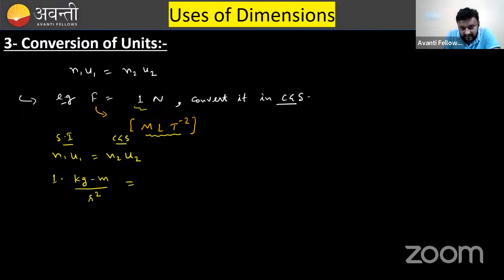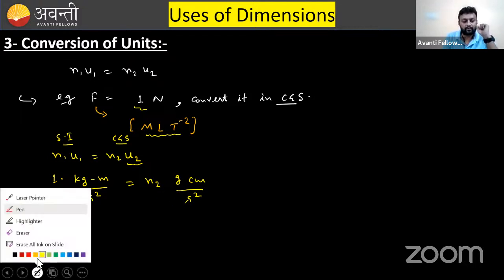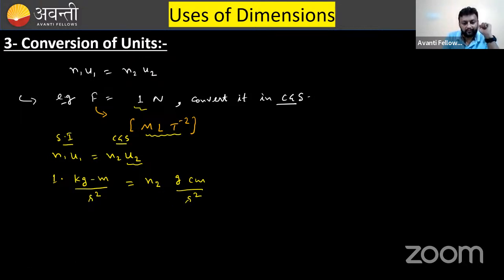In the CGS system, let it be N2, and U2 is the unit. Now mass is considered in gram, length in centimeter per second square. Now you can simplify things. If you simplify this, second square and second square will be cancelled. So that will become kg.